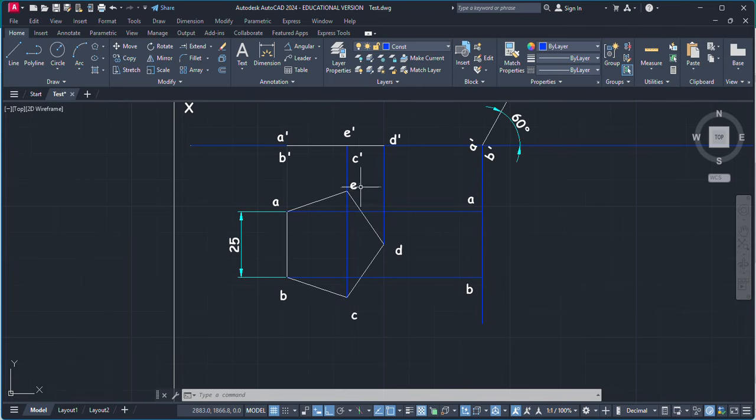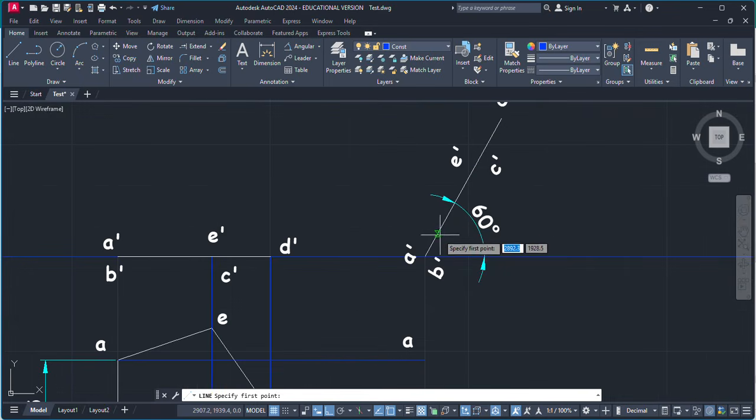Similarly, we can find out this E and C. So again, now we have to find out this point, this length. That is why I have created this line in two segments, first one, second one, so that it could be easy to identify the segment. This is the end point of our first segment, so the next line will be at the end point of this.